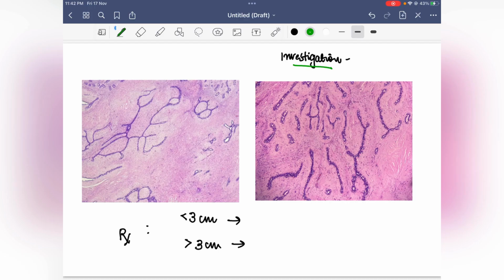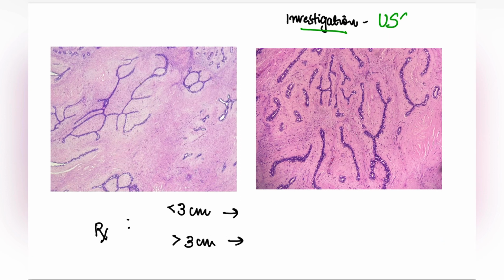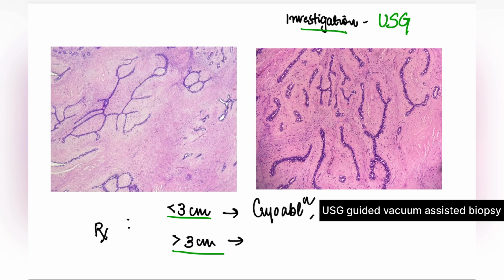Okay, so coming to the last 2 points, what is the investigation that we usually do? It is an ultrasound. And what is the treatment if a fibroadenoma is less than 3 centimeter, and what if it is more than 3 centimeter? So in less than 3 centimeter, we usually do cryoablation or ultrasound guided vacuum assisted biopsy.